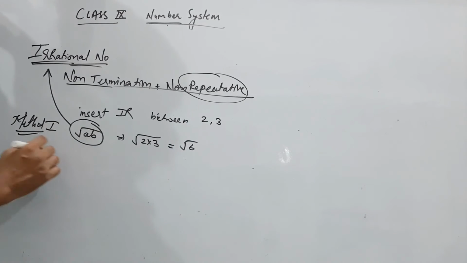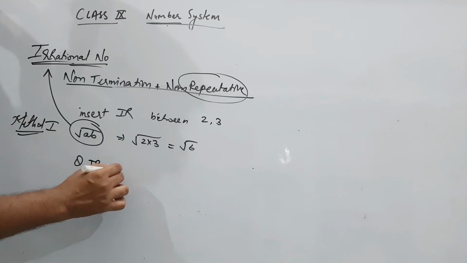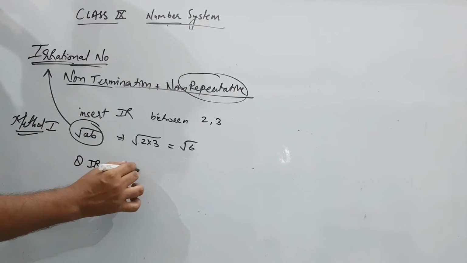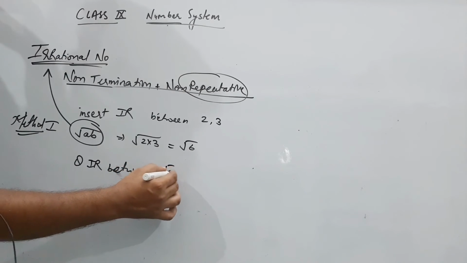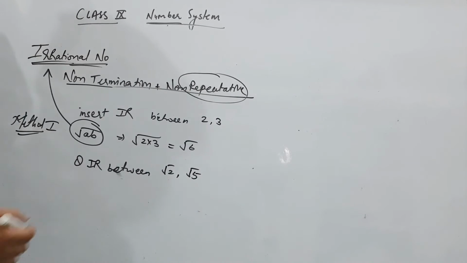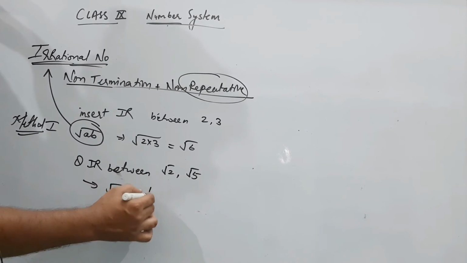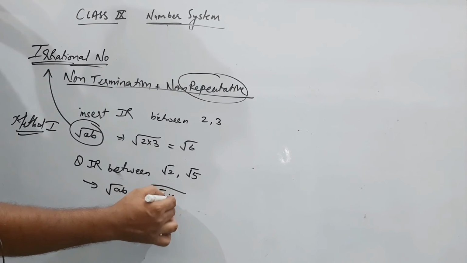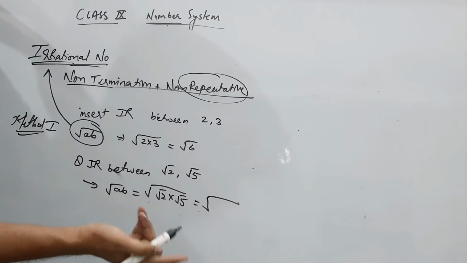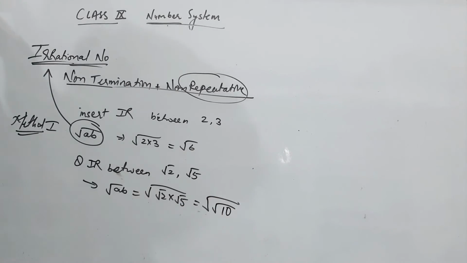Suppose the question is: insert an irrational number between under root 2 and under root 5. So how to solve it? Under root AB, or we can write under root 2 into under root 5, that's equal to under root 10.